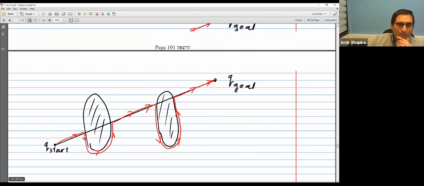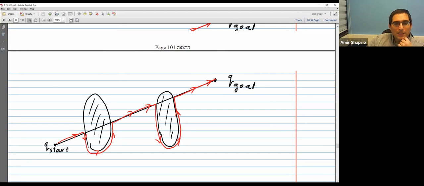So bug 2 starts from the start and then goes to the goal. Here we draw a line from the start to the goal, and we go along the line until we hit an obstacle. Then we choose a direction, any direction, either right or left, and go around the obstacle until we hit the line again.